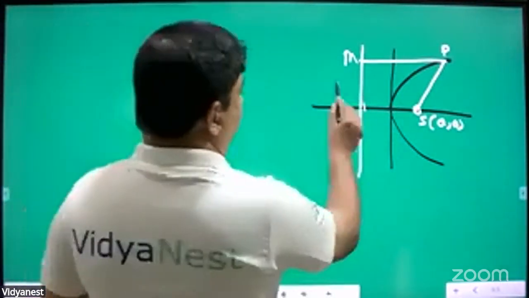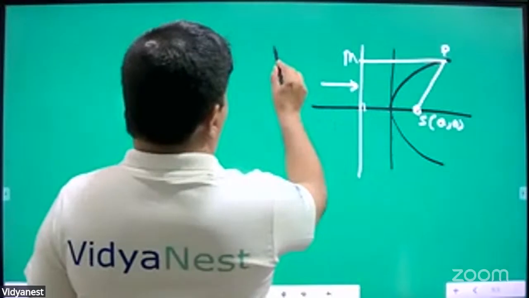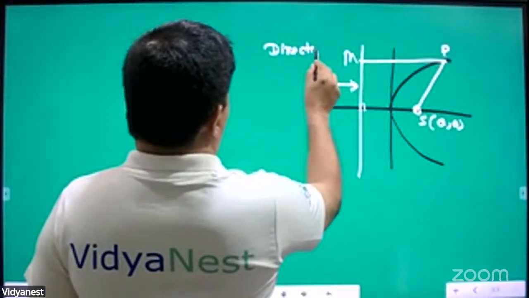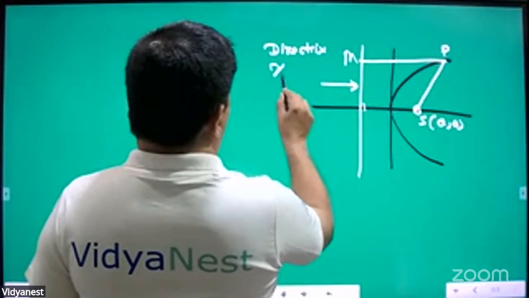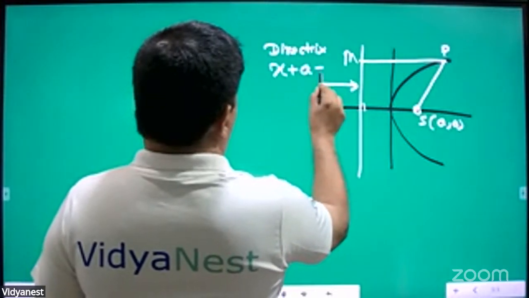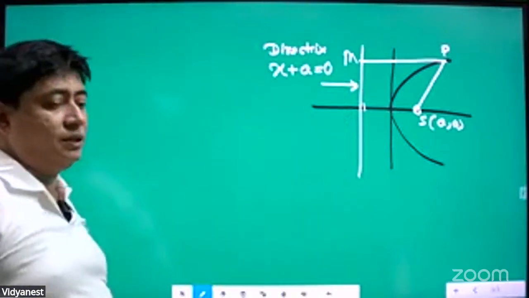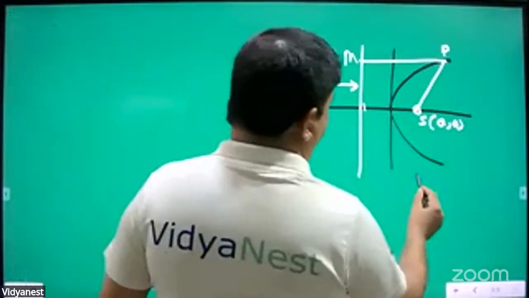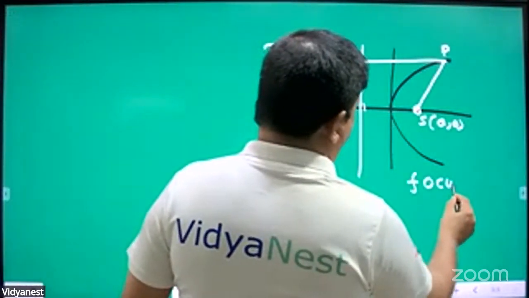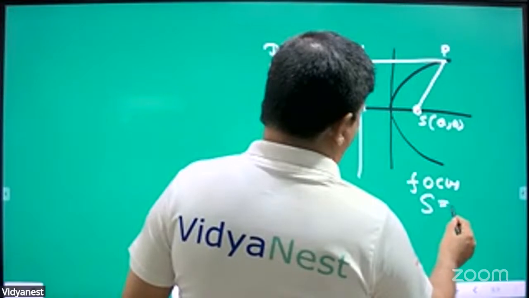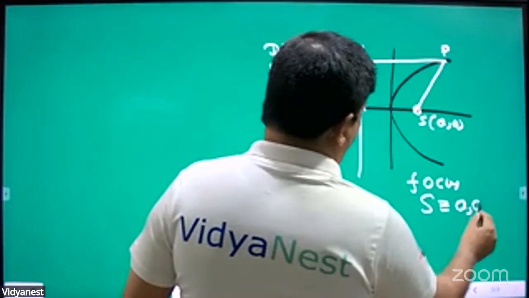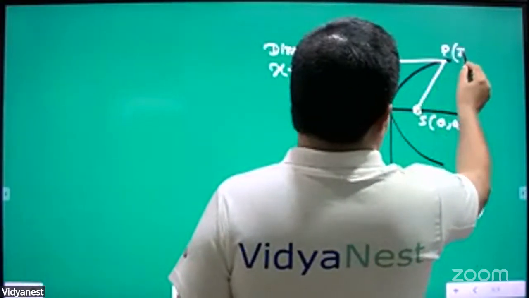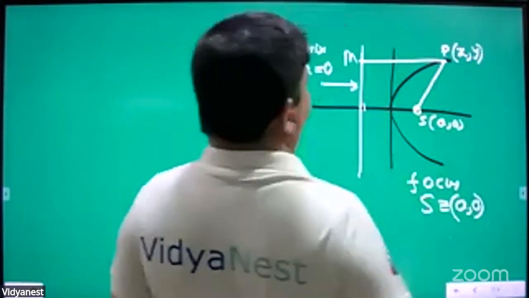Now we have got the equation of the directrix, x plus a is equal to 0. We have got the focus a comma 0, and P is the variable point.